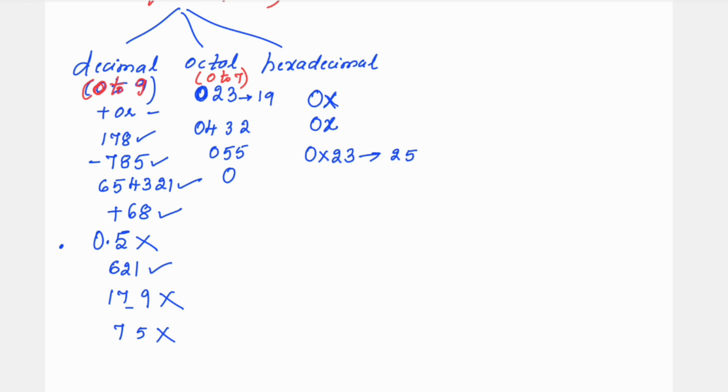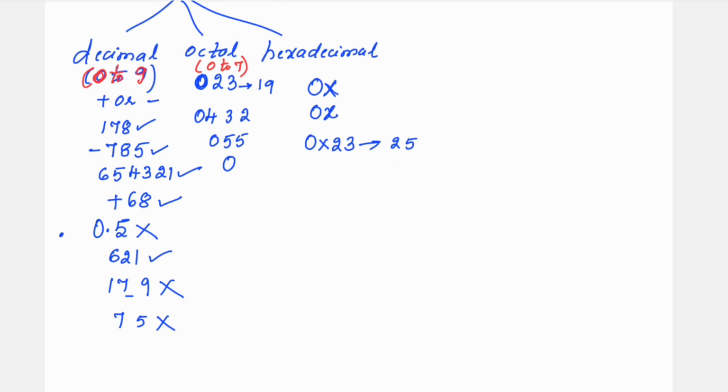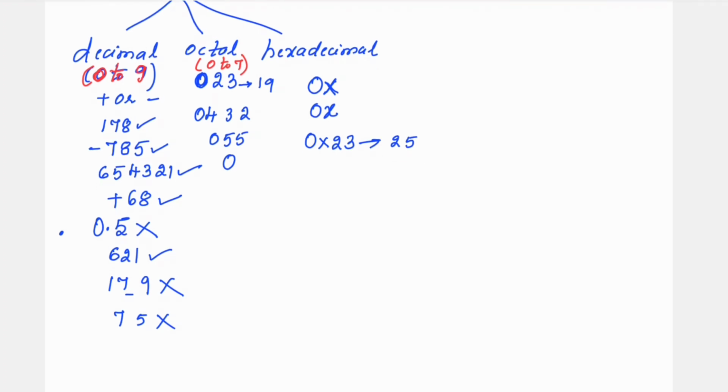Then what about the sequence of digits that are used? What are the different digits that can be used in hexadecimal integer constants? You can use the digits from 0 to 9 and the letters A to F. For example, 0x3 is a valid hexadecimal.